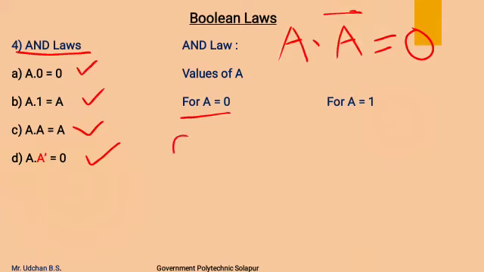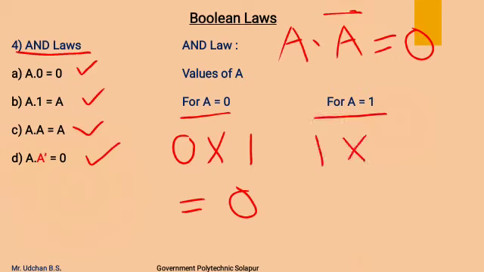It will result into 0 into a complement, which means 1, will give you 0. For a equal to 1, 1 into a complement 0 will result into 0. So a into a complement will always give you a 0 value.